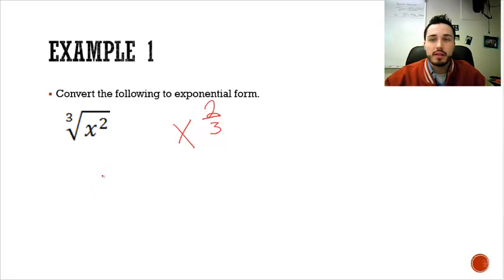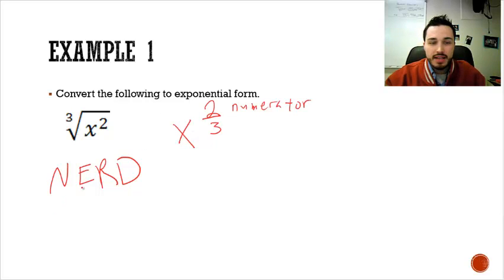Actually, I had one year a class that came up with a little acronym to help remember this. Their acronym was NERD. What they actually did with this was they said that the numerator is the exponent, so the exponent 2 is the numerator, and then that the root, this is like a cube root, so the root number is the denominator.